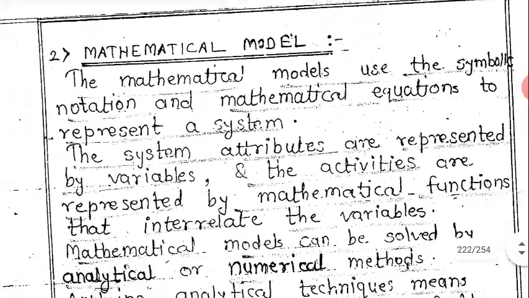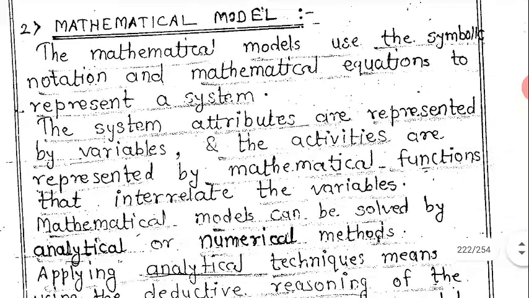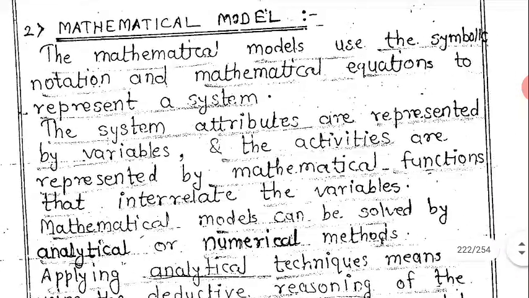The second one is the mathematical model. Here the model represents the system with symbolic notation, mathematical equations or some sort of functions. So here there is no physical model or any physical things.